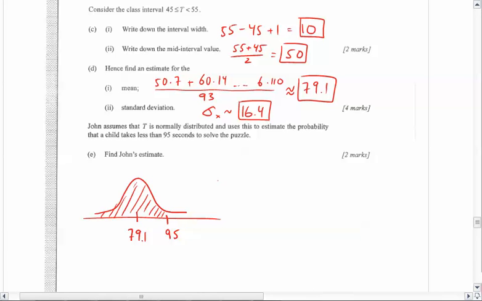So that's going to be the normal CDF from negative infinity all the way up to 95 for a mean of 79.1 and a sigma of 16.4.